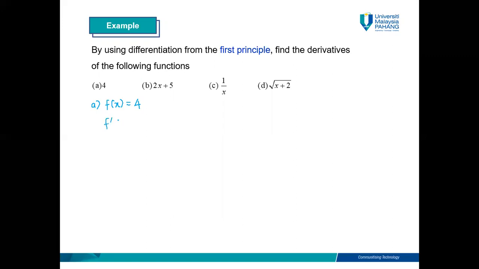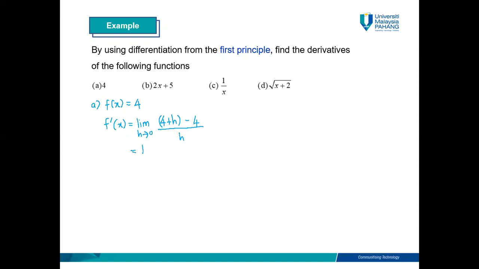So f prime x is equal to the limit of (x plus h), kan. So 4 plus h minus f(x) minus 4 over h when h approaches 0.